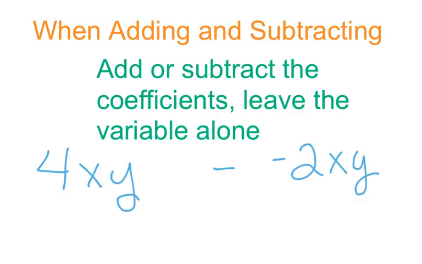Okay, so I'm supposed to leave the variable alone, so I know the variable is going to be xy. So I just have to deal with 4 minus negative 2. Now there's a catch here, and I added this in just to check it out because we've been talking about this, but not a whole lot. 4 minus a negative 2.